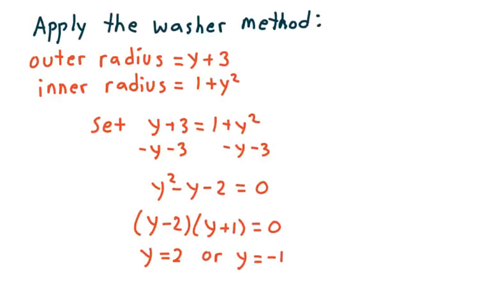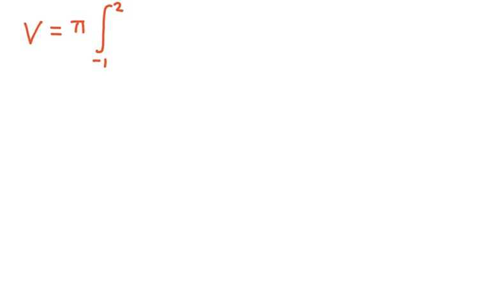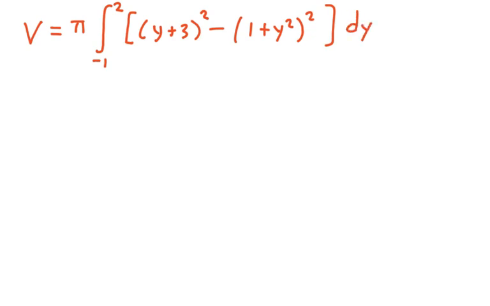The outer radius is y plus 3, so I'm going to take y plus 3 and square it, minus the inner radius, which is 1 plus y squared, and I'm going to take that and square it. And so I'm going to take that and then integrate with respect to y.